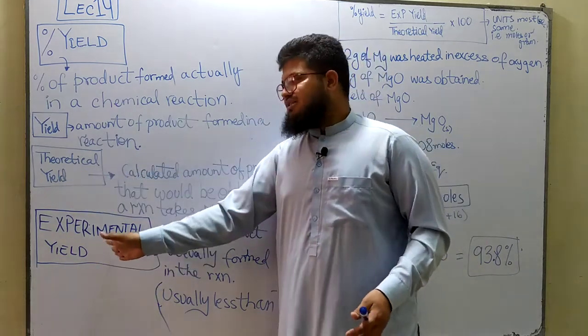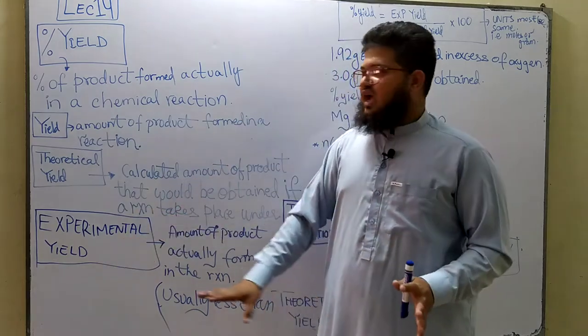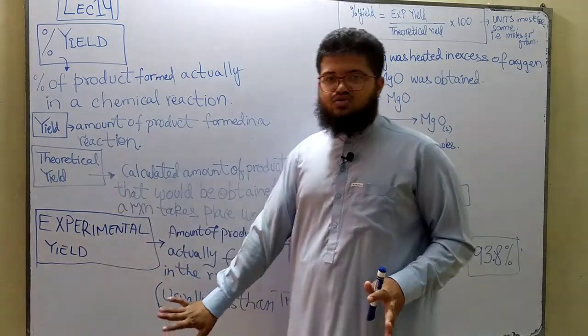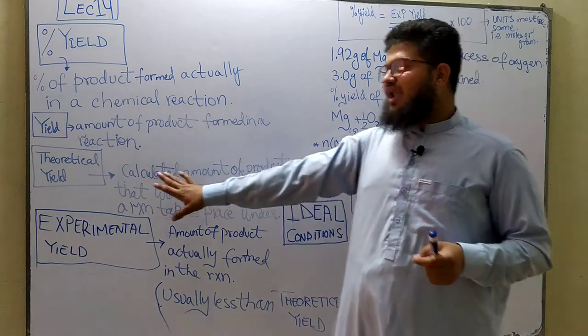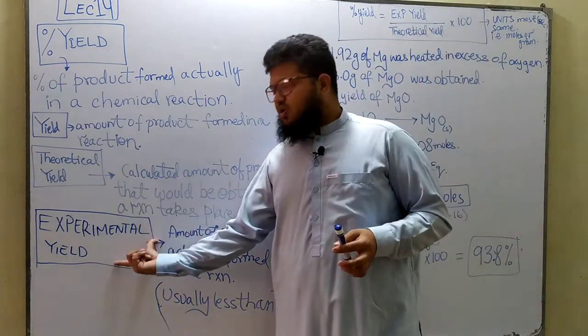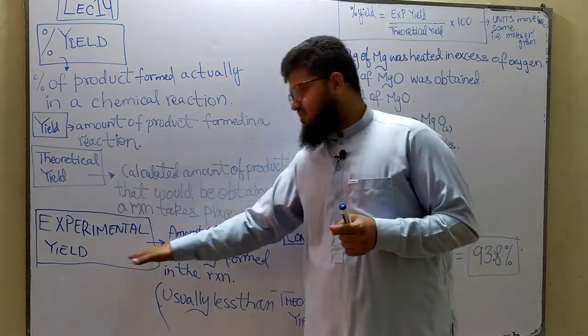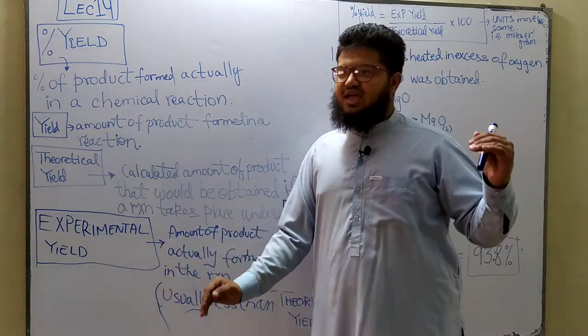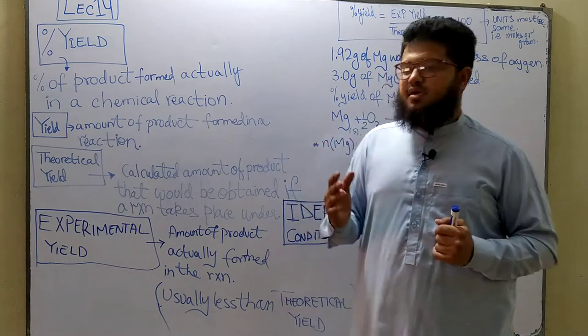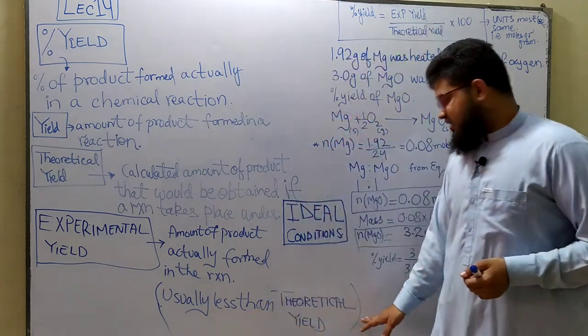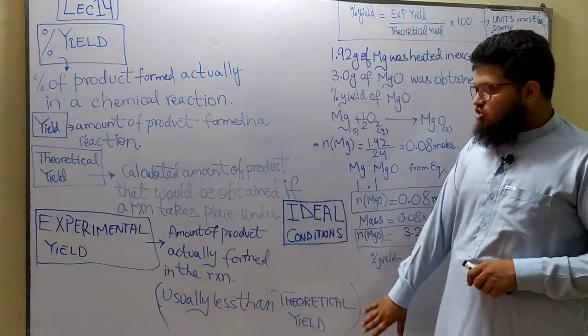But usually the experimental yield is less than the theoretical yield. The amount of product that you calculate on paper and the amount of product that you get in your laboratory differ. The experimental yield, the laboratory yield, is less than the one which you get on your paper.